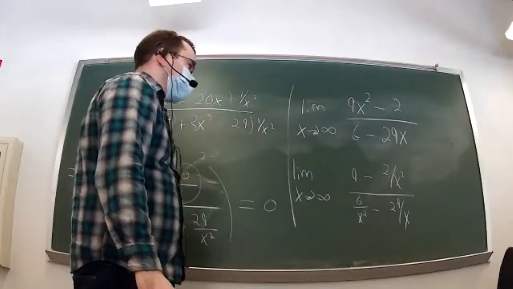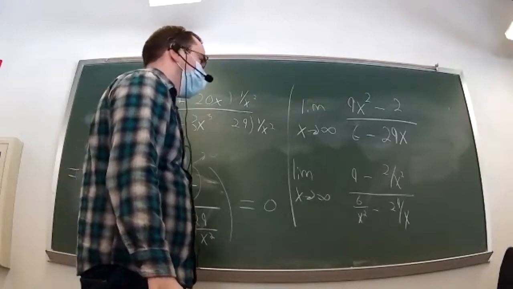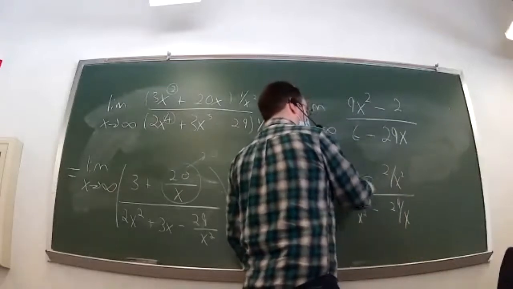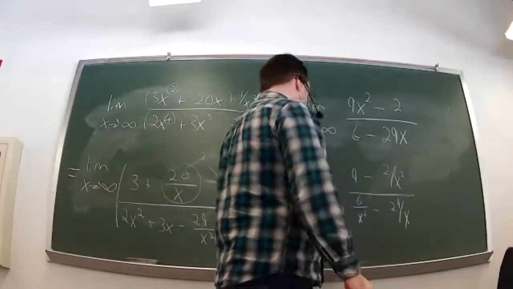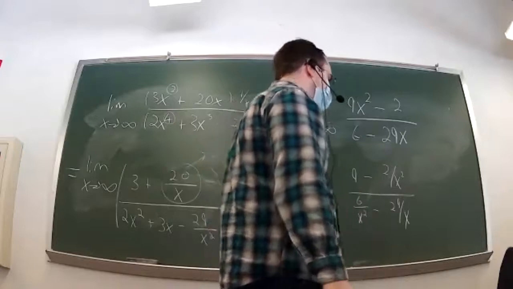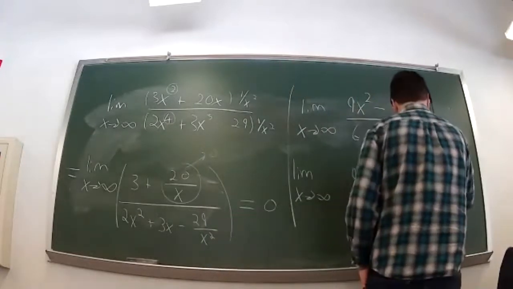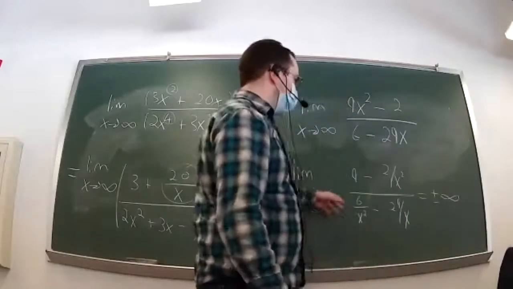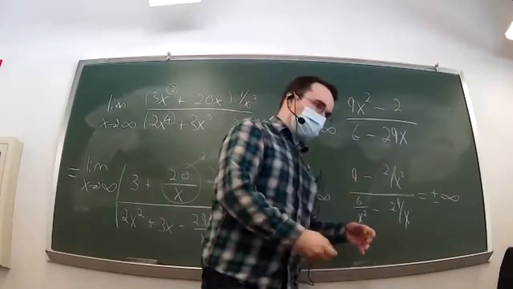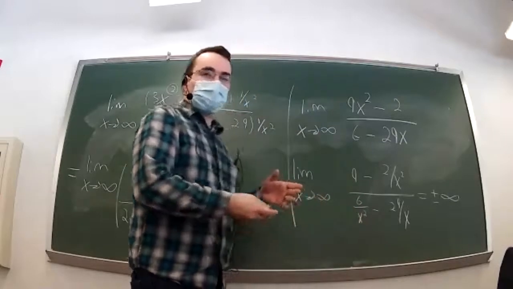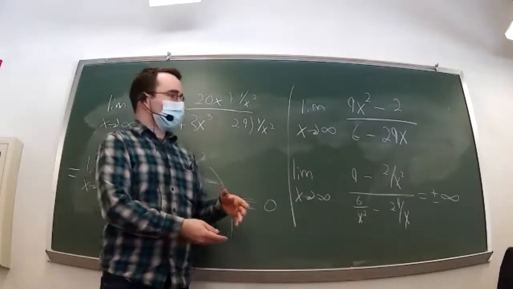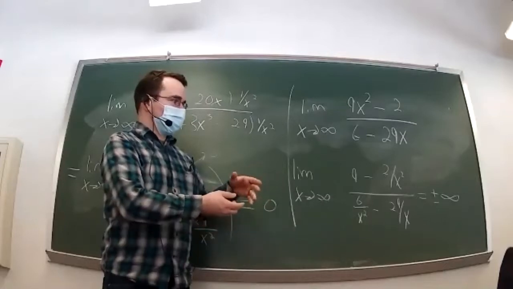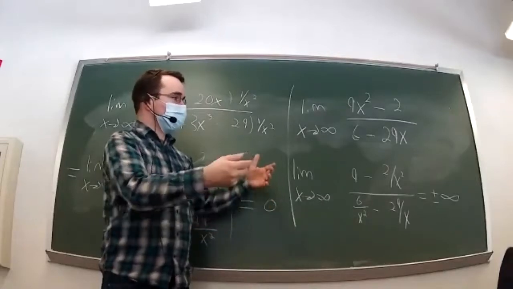So in this case, it looks like you're getting constant over 0. So this is going to be like an infinite limit, because if you're dividing by something that's getting closer and closer to 0, then you yourself are going to be getting closer and closer towards infinity.